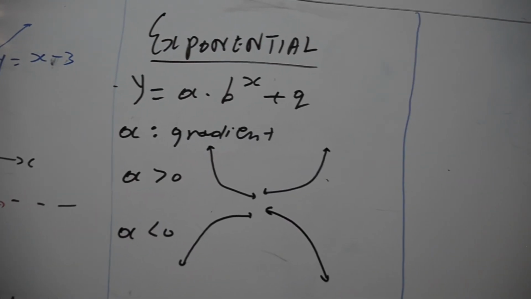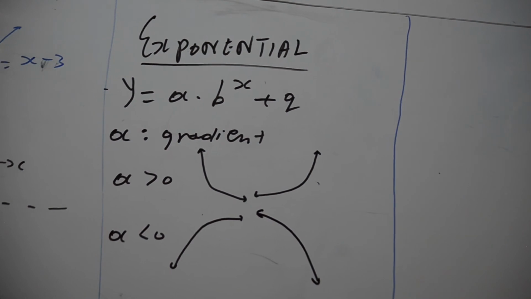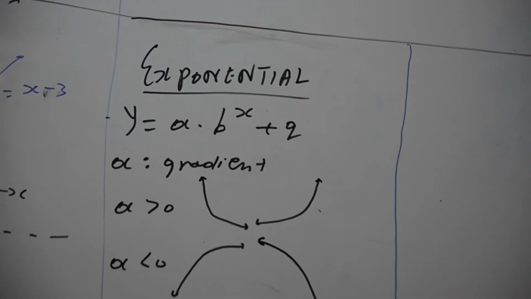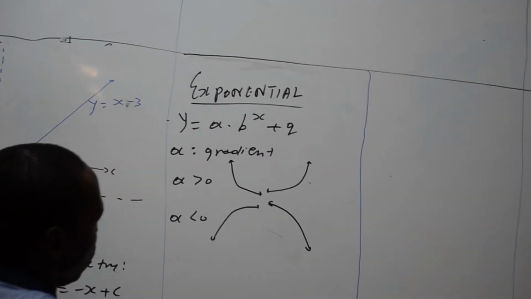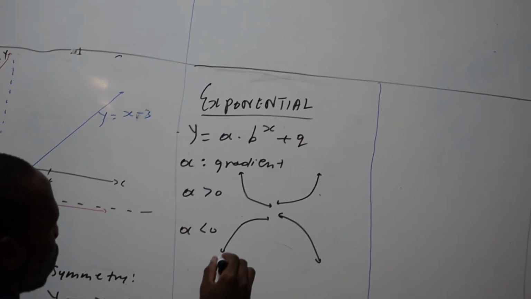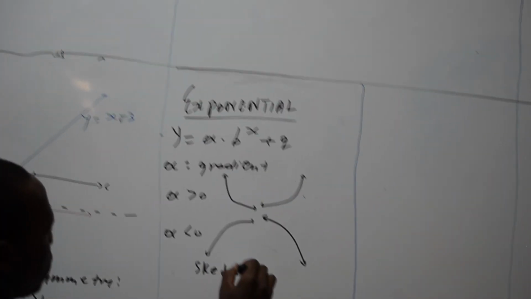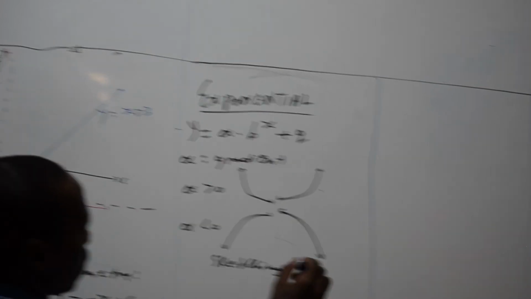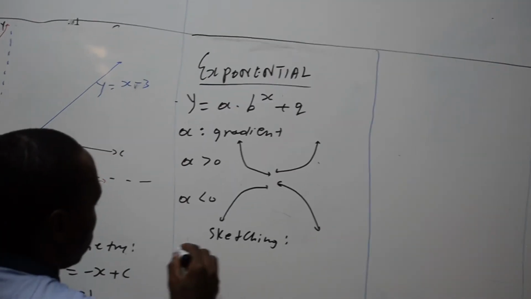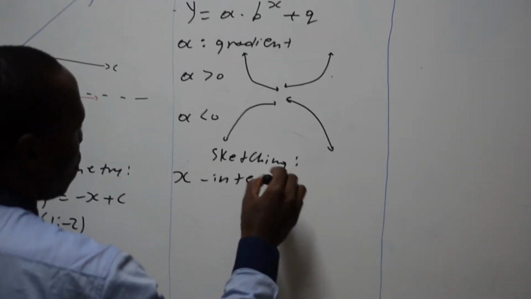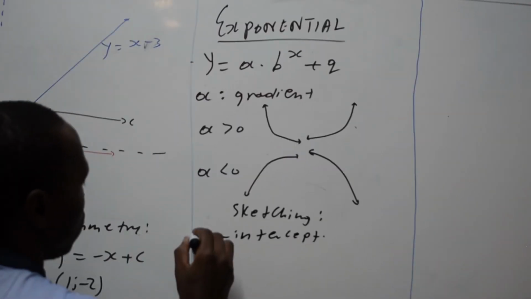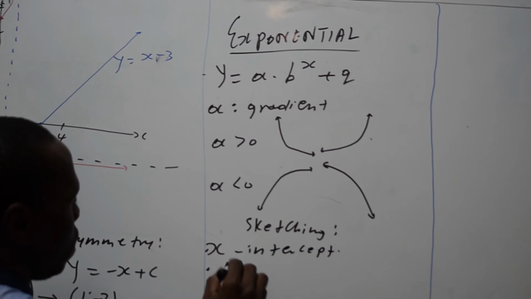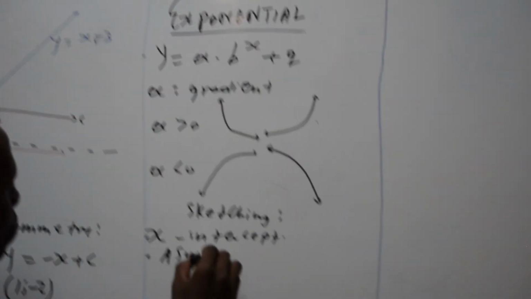So also that one is an exponential graph, but this is sketching. For sketching we also need the x and y intercept. That's the only thing we need: the x and y intercept, and also the asymptote, which is vertical.